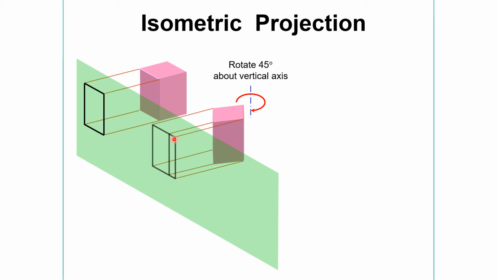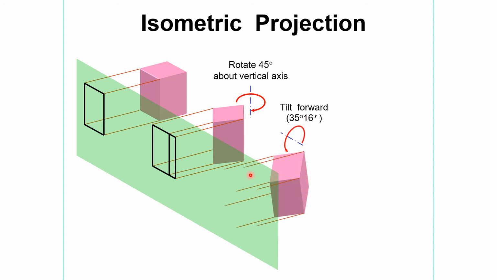Now you will see the object like that. Now I will tilt it upward a little bit. Now when you draw the parallel lines and join the corners of the parallel lines, you will get a 3D object.